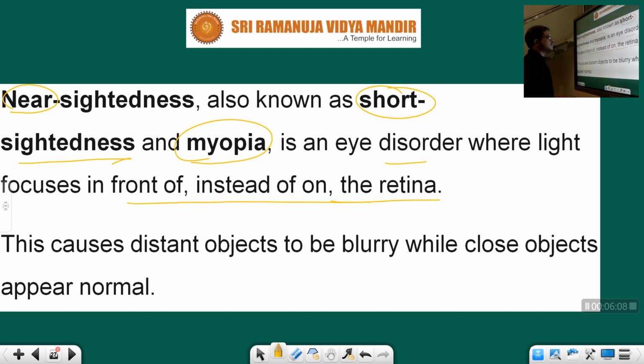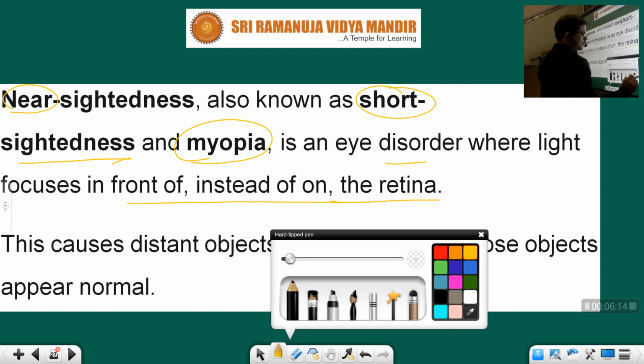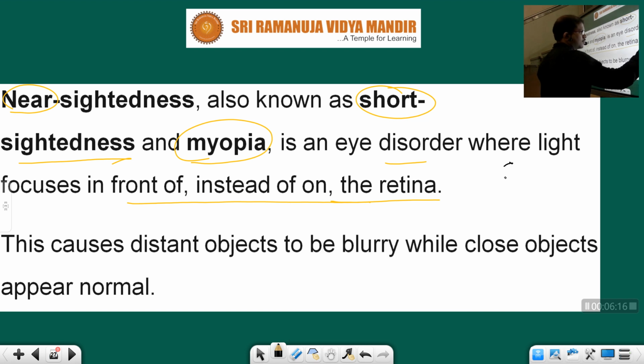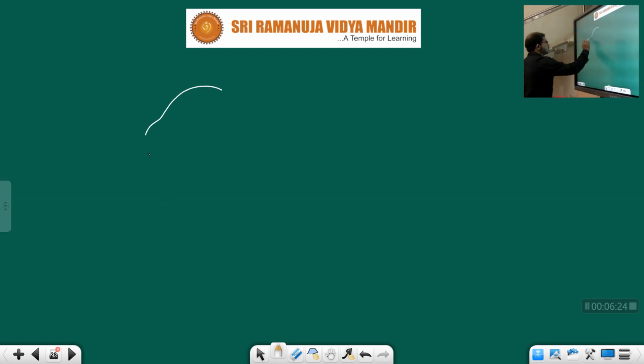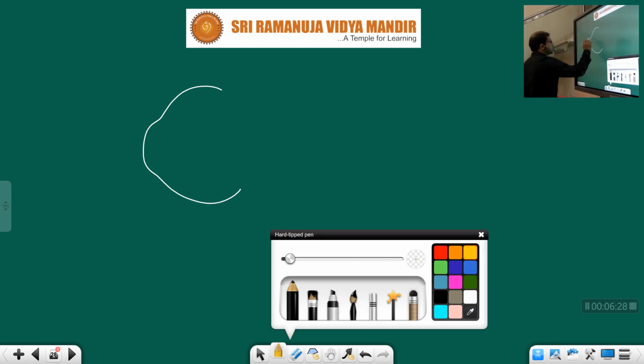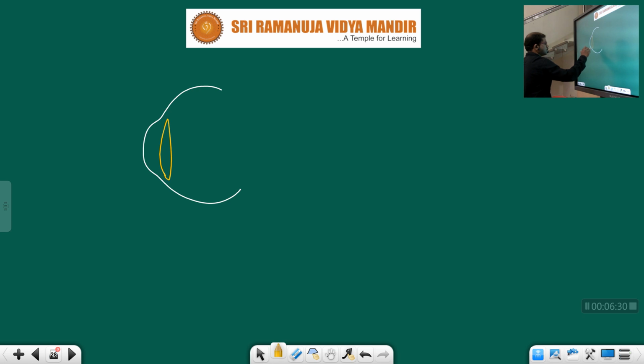Children, I explained this case in your previous lecture. Suppose this is the eye, children. Here it is a convex lens.